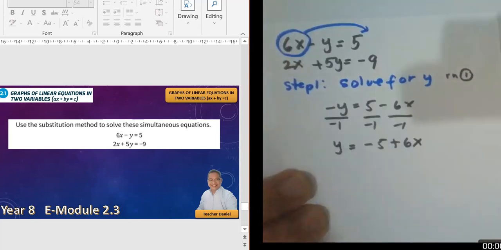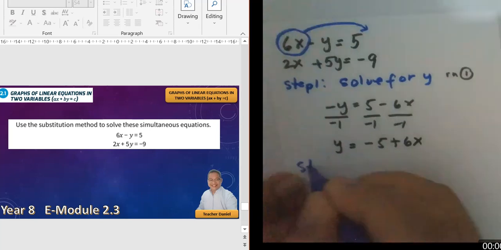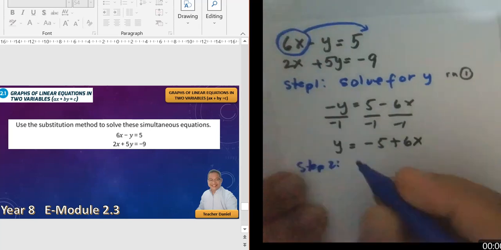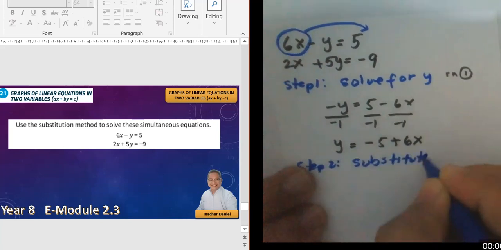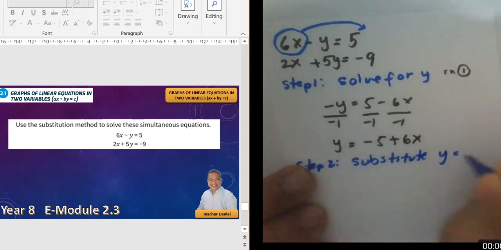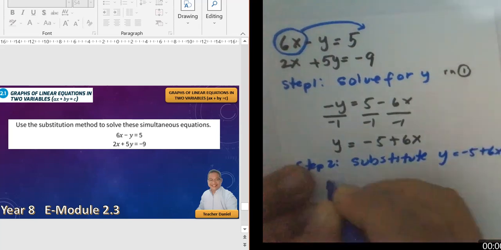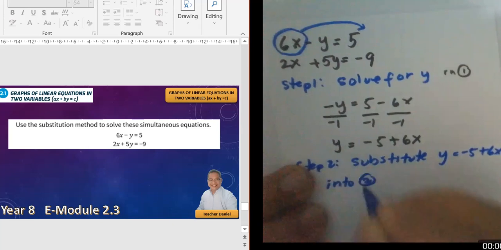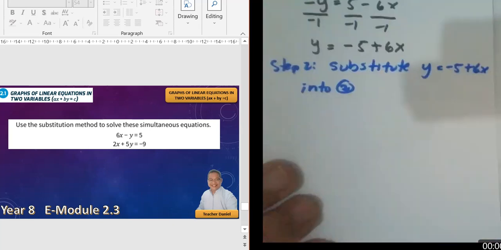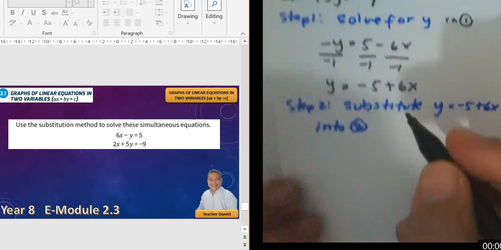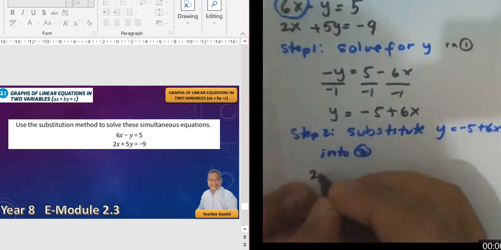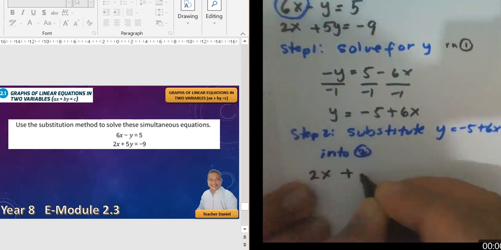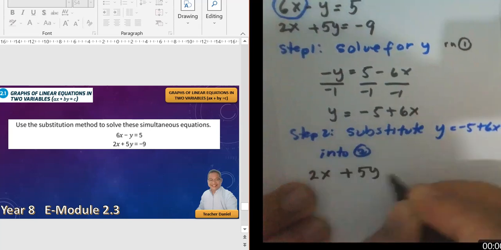So what is now our step number 2? You plug in, substitute y equals -5 plus 6x into equation number 2. Oh, let's try to do it. So we plug it in there now. You have there 2x plus 5y is equal to -9.